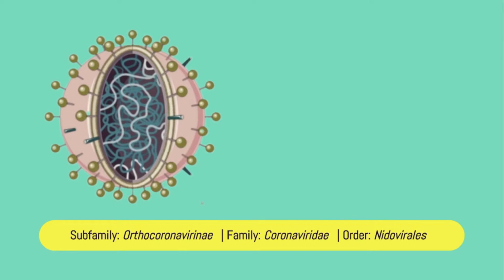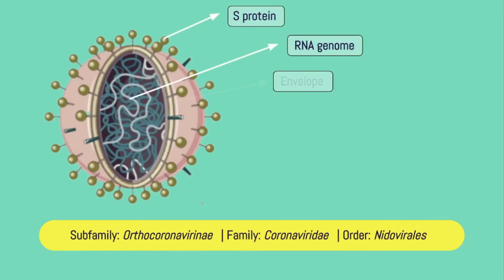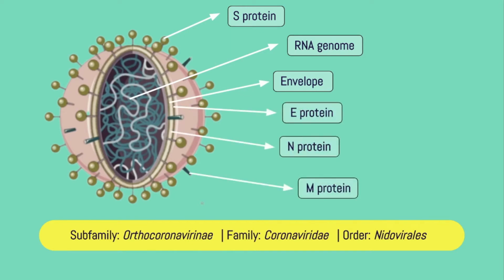Apart from that, it has the S protein, the RNA genome, the envelope, the E protein, the N protein, and the M protein, which are all accessory proteins that are essential for the viral survival.